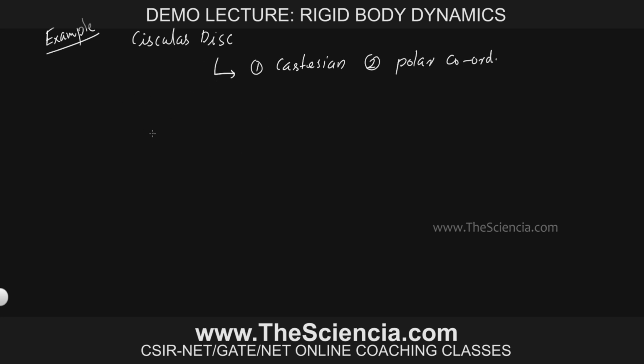So the circular disk is like this. It is rotating about its z-axis, and the radius of this disk is r, and the total mass of this disk is capital M. Now I am discussing the problem in Cartesian coordinates.